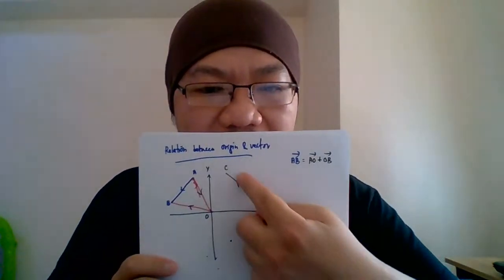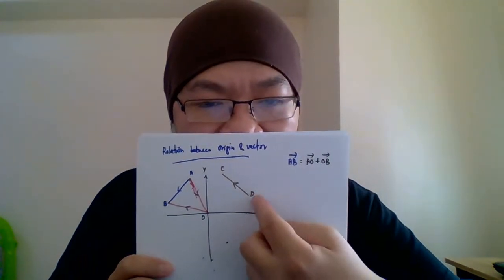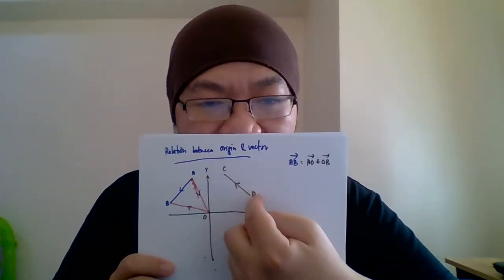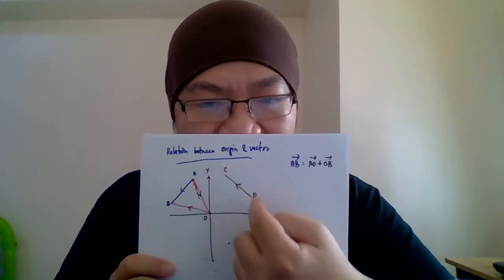So if I have a vector, let's say CD, for example, this one. I have points C and D, but the direction is moving from D to C. So the vector DC.